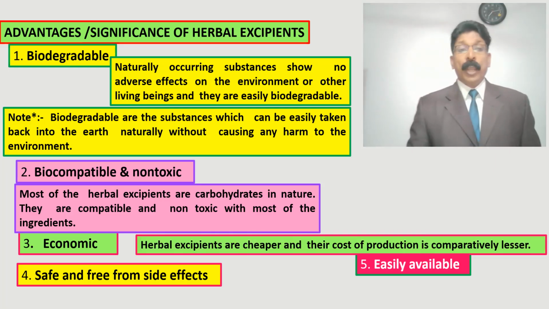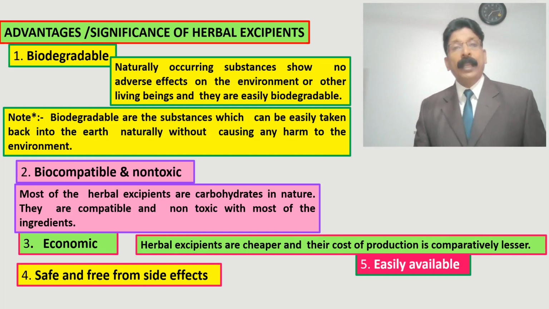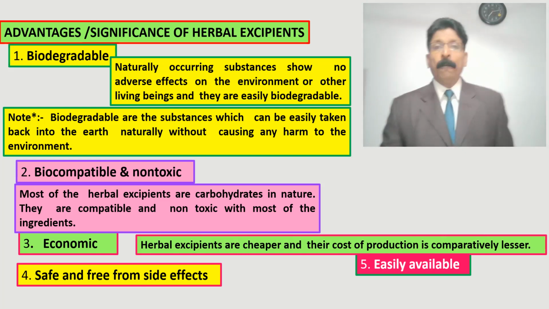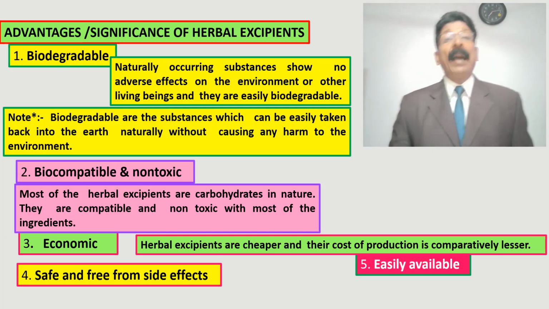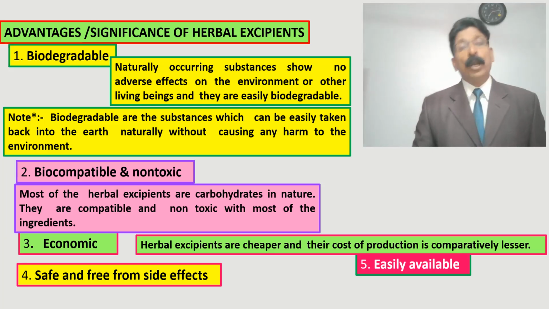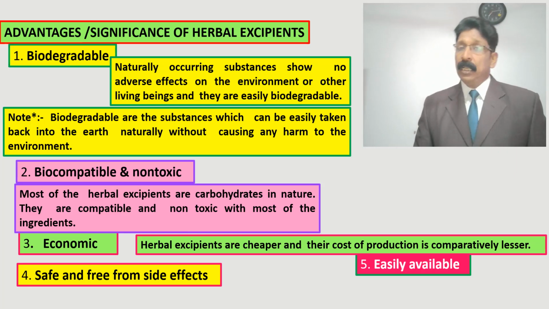So economic: the advantage of economy in herbal excipients is that they are cheaper, and their cost of production is comparatively lower when compared with conventional excipients or additives used for formulations.